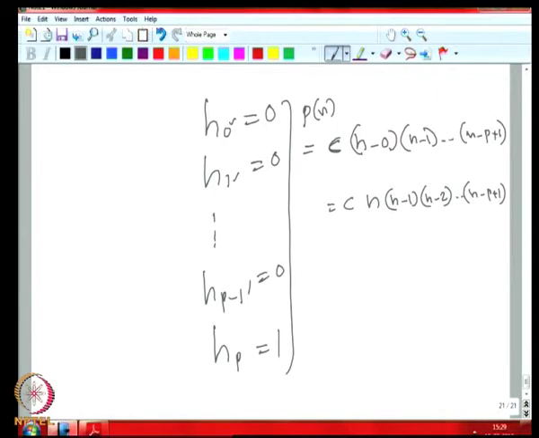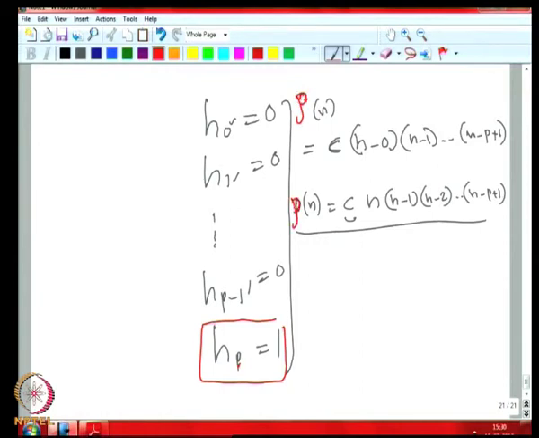Now this is p of n, but how will I determine the value of c? To do that, we have one more value available, hp equal to 1. That means when you substitute n equal to p, I can use a different symbol for this polynomial, because I am confusing it with this p.